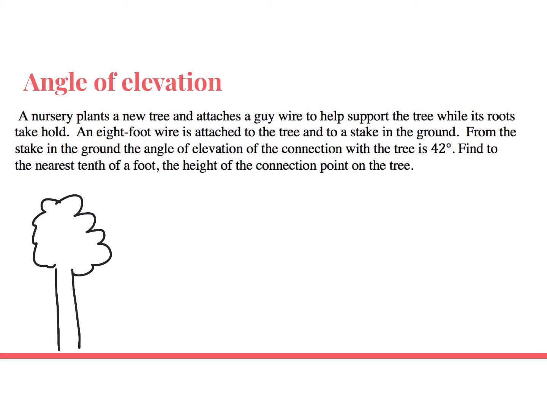It says a nursery plants a new tree and attaches a guide wire, which is a wire that helps hold it up straight in the wind, to a stake in the ground. So here's that stake in the ground. It says the guide wire is 8 feet long. So this red line we drew is 8 foot.